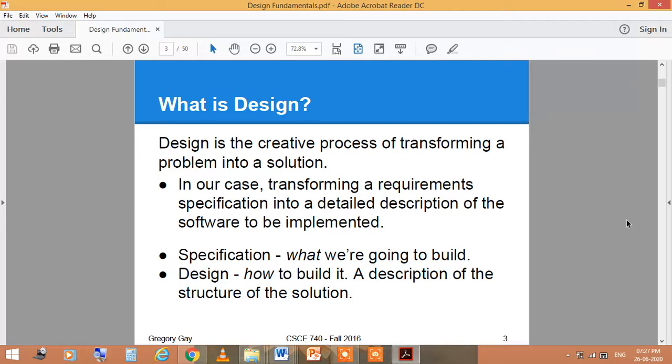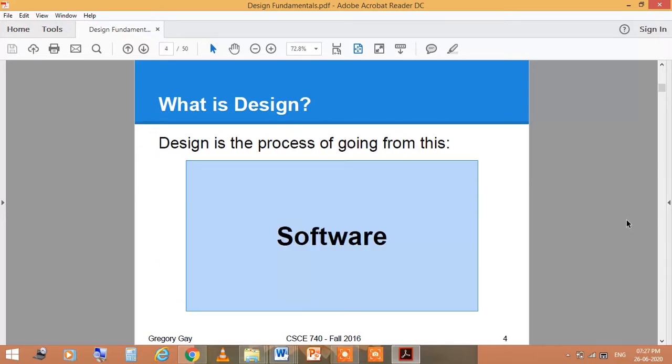In our case, it is transforming a requirements specification into a detailed description of the software to be implemented. The specification is what we are going to build, and design means how to build it. So, a description of the structure of the solution in the designing phase.